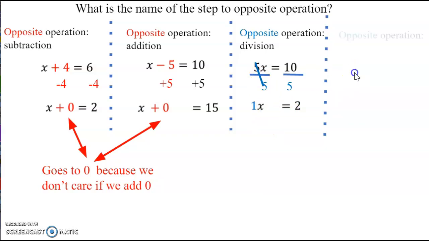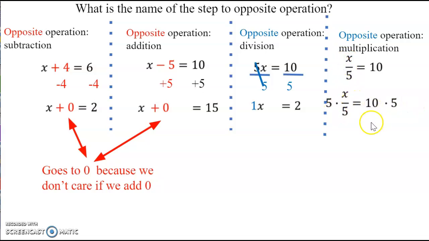And what about the opposite operation of division here? Remember, this fraction line means it's a divide operation. So x divided by 5. What's the opposite of dividing by 5? It is multiplying by 5. So we multiply both sides by 5, and the 5 divided by 5 cancels out, and you're left with 1x is equal to 15.